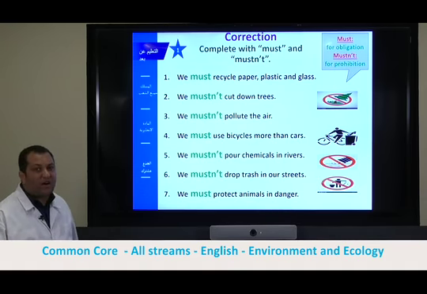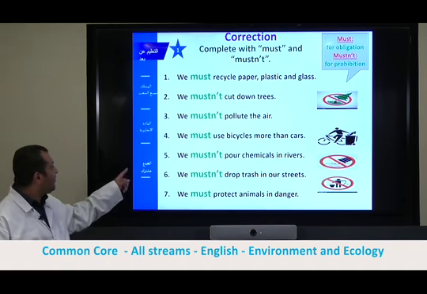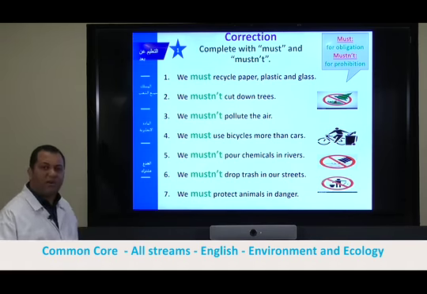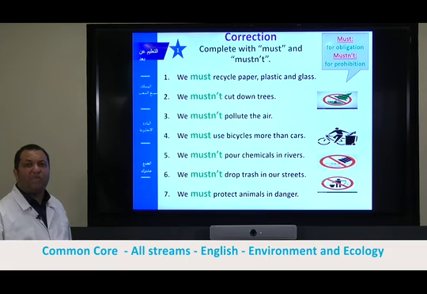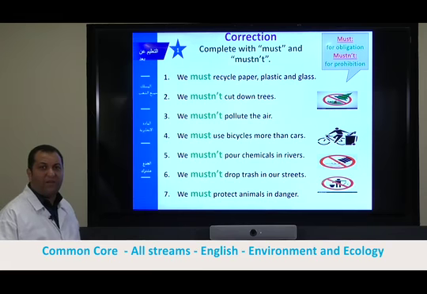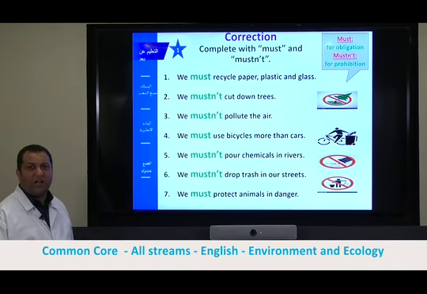Simply because cars are polluting our environment, or cars pollute our environment. Number 5, we mustn't pour chemicals in the river. Why? We mustn't pour chemicals in rivers because simply they pollute our rivers and they become poisoned, which may harm the fish and sea life.